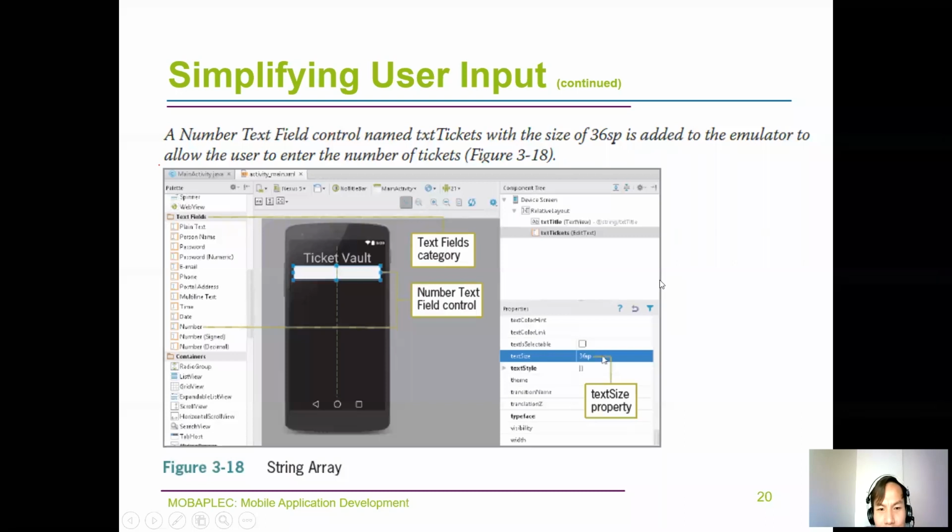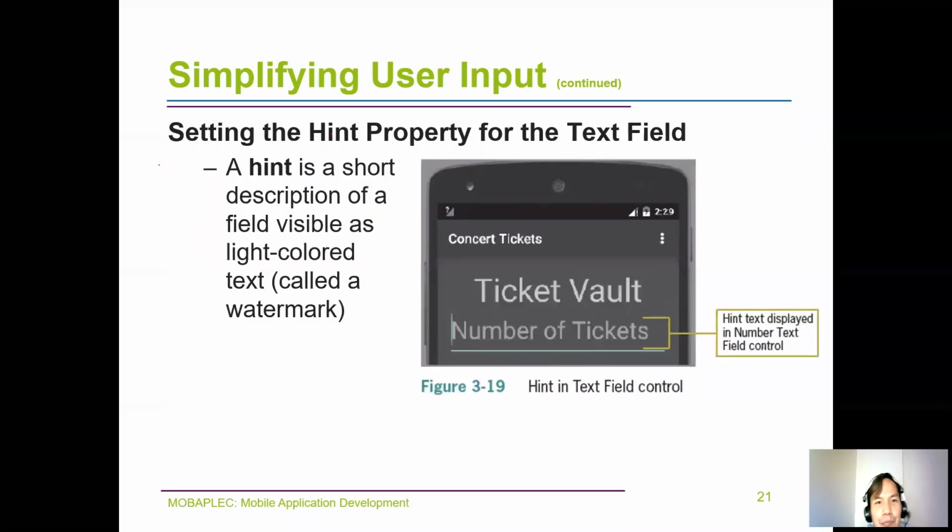The next, after that part of figure 3-18, which is the string array. So now, moving forward, we have the hint property. So take note, hint property, just like in HTML5, if you are familiar with HTML, you actually use the mask text in terms of the text field.